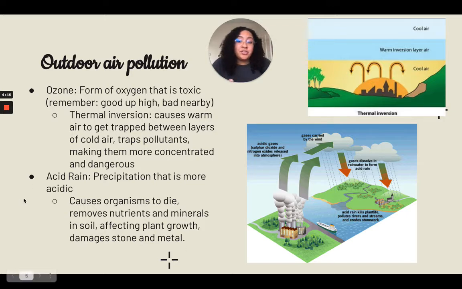This air pollution could also cause acid rain. That's when precipitation is more acidic, so there's a lower pH. And that could cause organisms to die. It could remove nutrients and minerals in the soil, so it's affecting plant life, it's affecting plant growth, and it also could damage stone and metal and deteriorate those things.